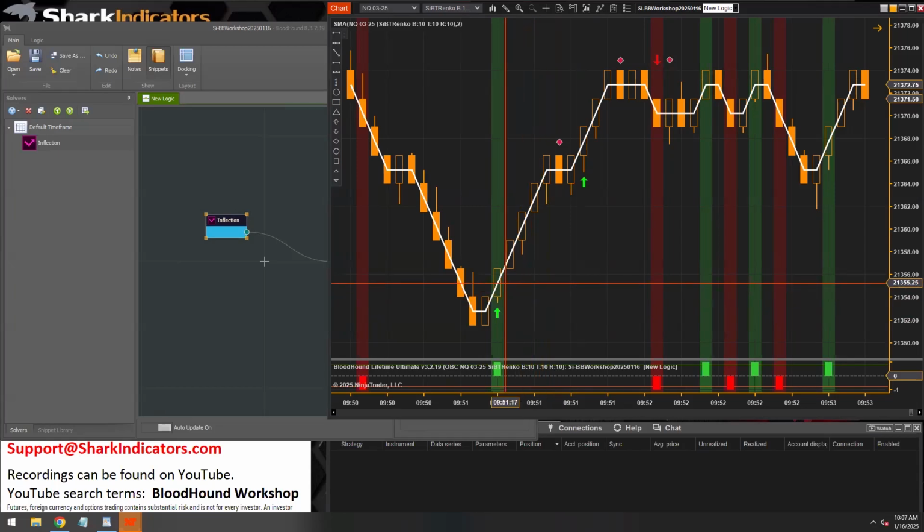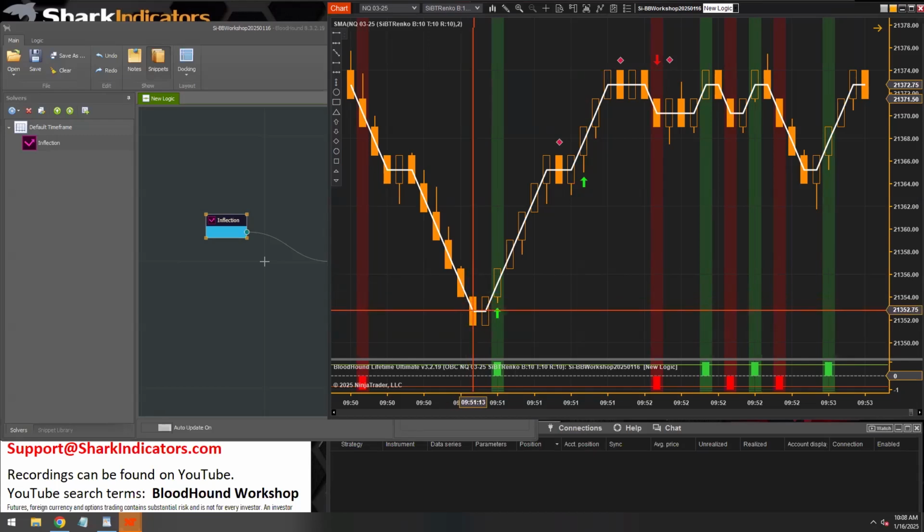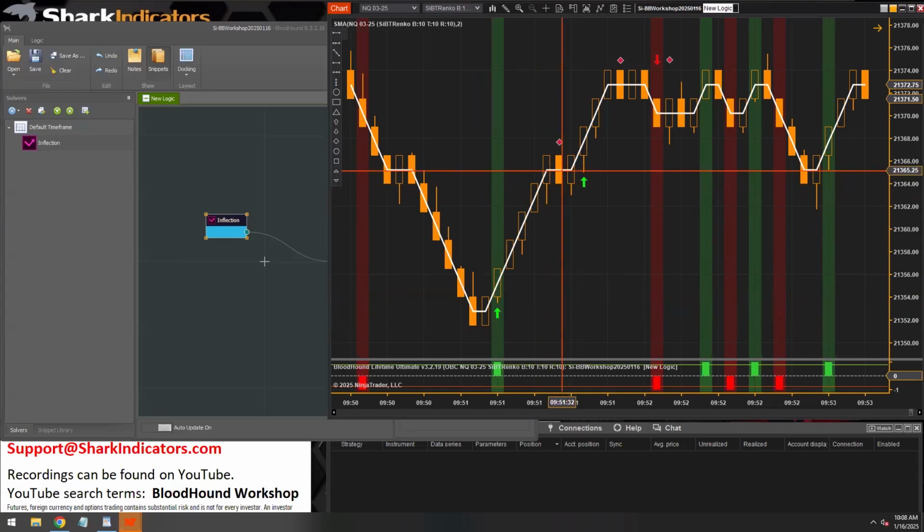Okay, yeah. So as I kind of expected here, when the SMA eventually reverses direction, reverses up, there we go, we get a long. But here the SMA goes flat, and it's not inflecting up. It already inflected up back here. So it just went flat, and going from flat back to up, that's not the definition of an inflection.